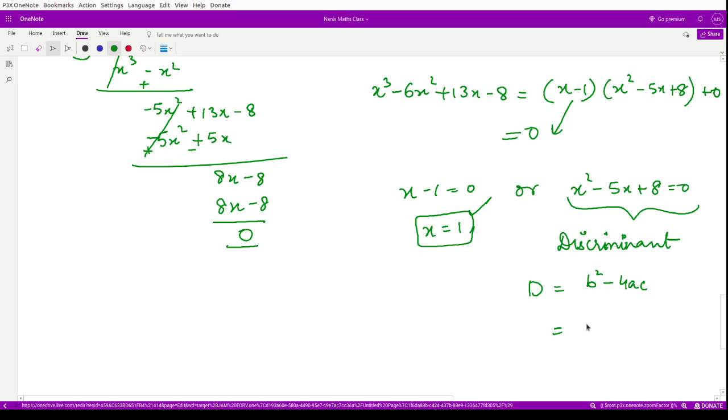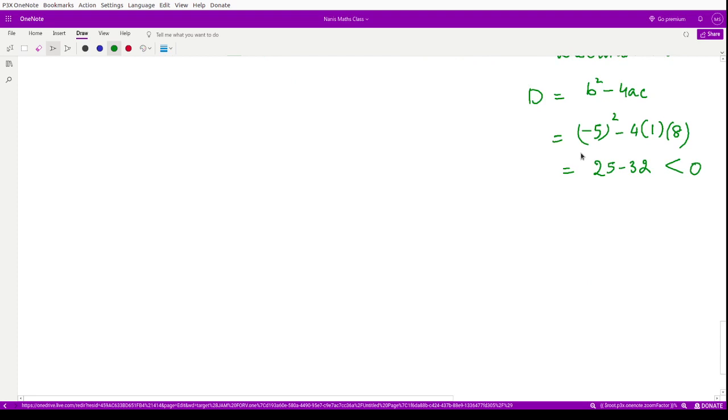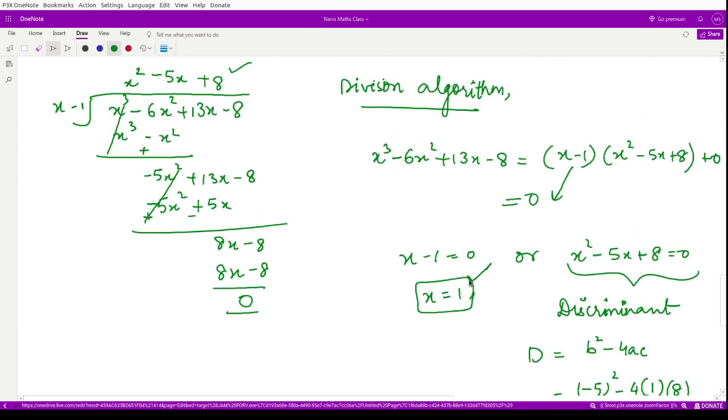So b here is minus 5, so minus 5 whole square minus 4 into a is 1, c is 8, so we have 25 minus 32. So you see this quantity is a negative quantity. If your discriminant here is negative, therefore we do not have any real roots. So that means the only possible critical point is x is equal to 1.